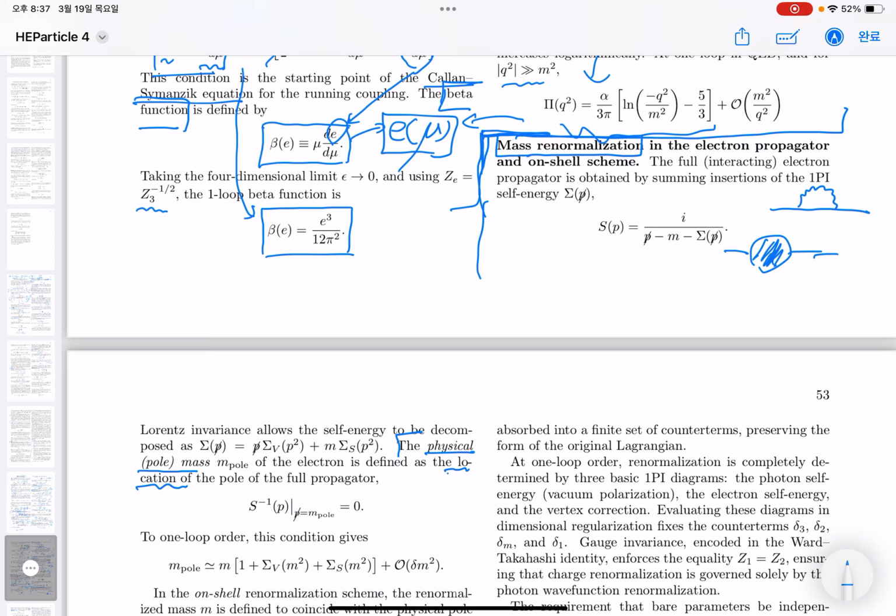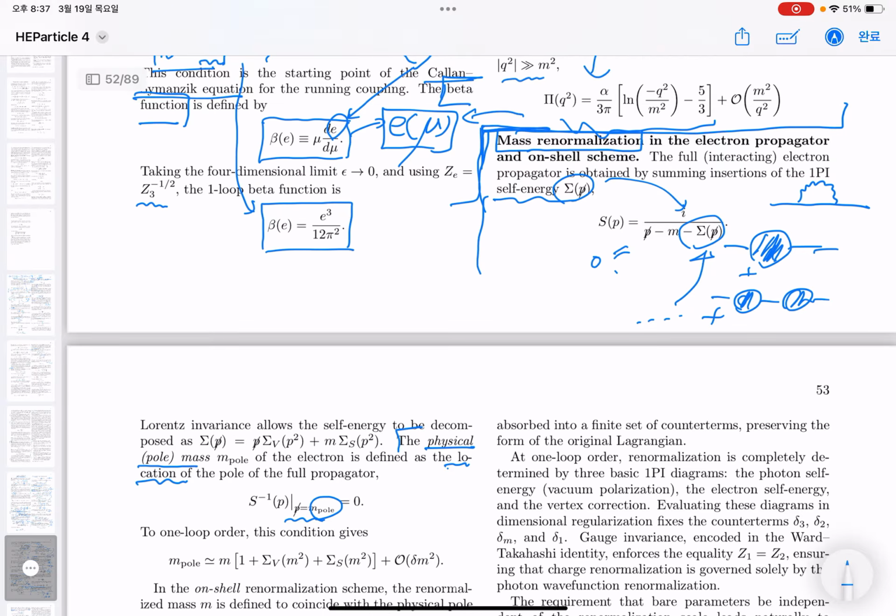So now all the 1PI diagrams are summed over, so this gives the geometric series again. Now the 1PI self-energy, capital Sigma, is located in the denominator. To make the vanishing denominator equal to 0, one can define the pole mass, which is represented as the inverse propagator being equal to 0. This corresponds to the pole.